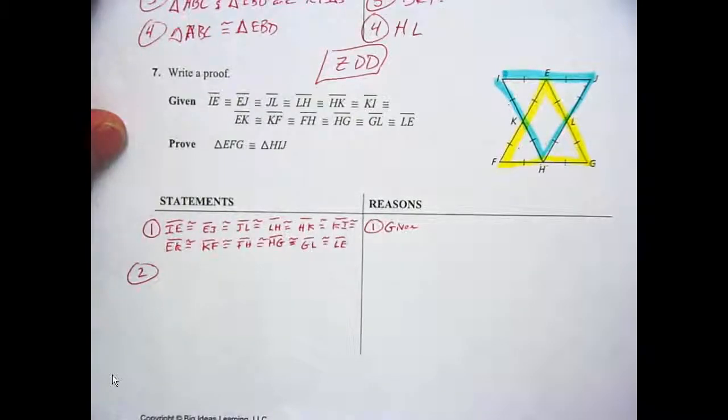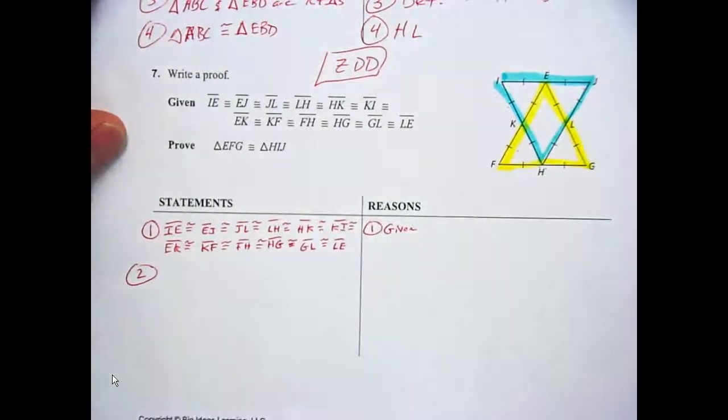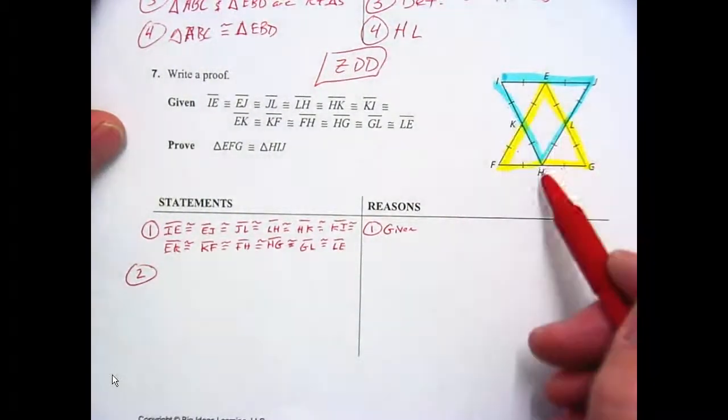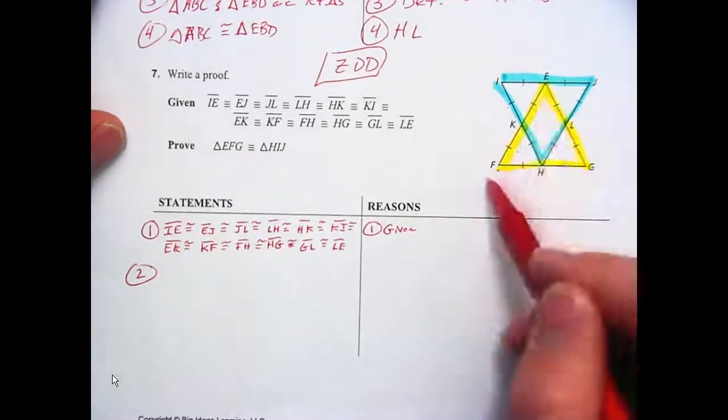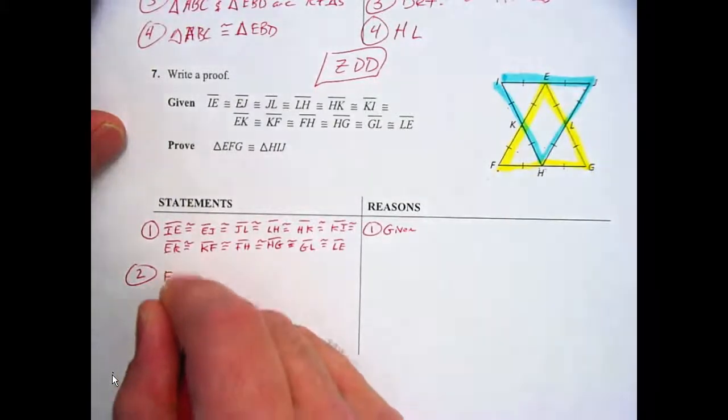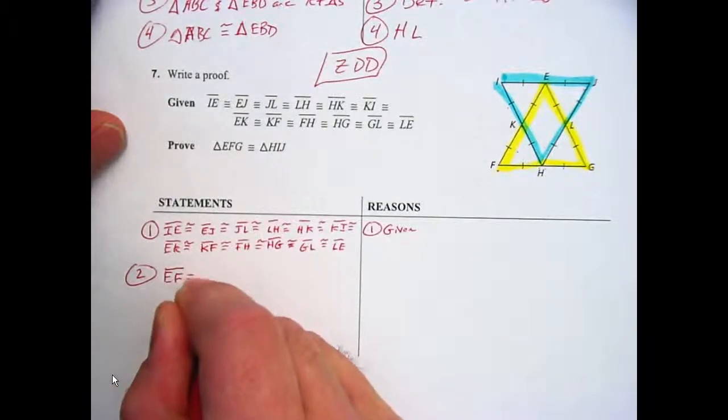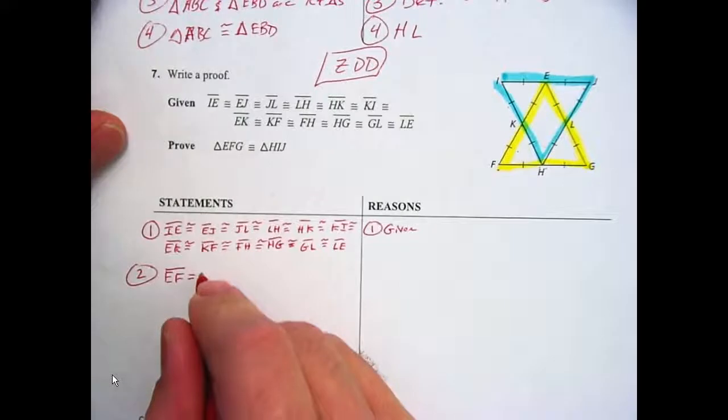This line right here, or actually let's go with EF. EF is made up of what 2 segments? Yeah, it's equal to EK plus KF. Everyone agree?